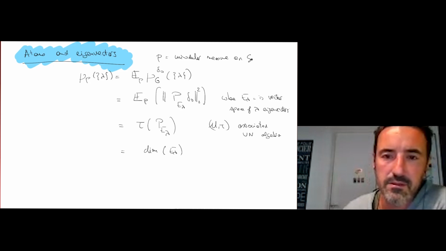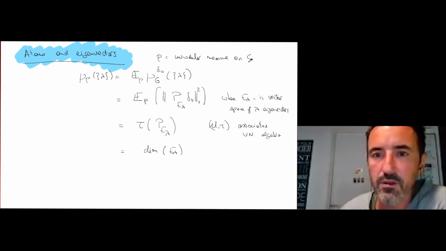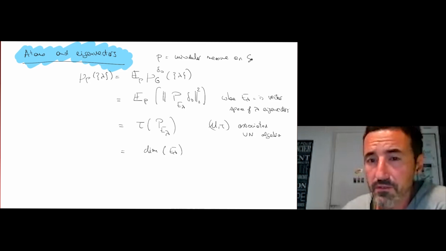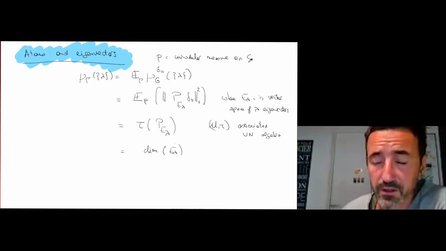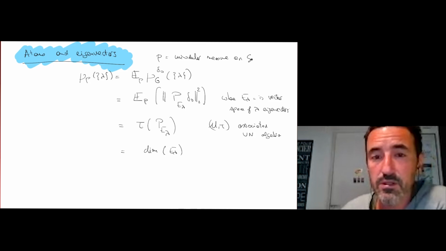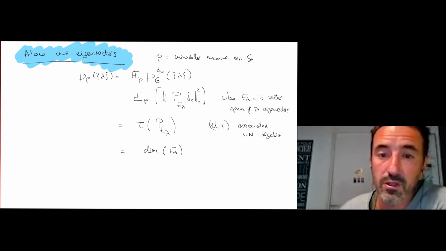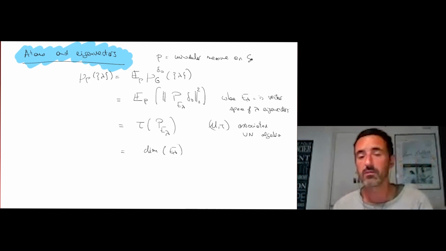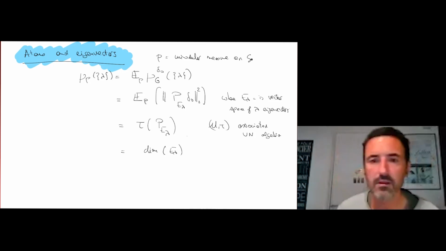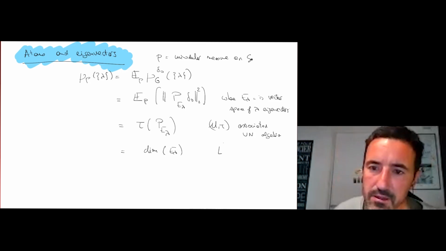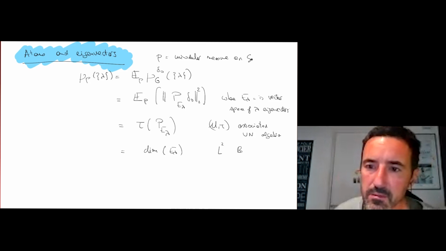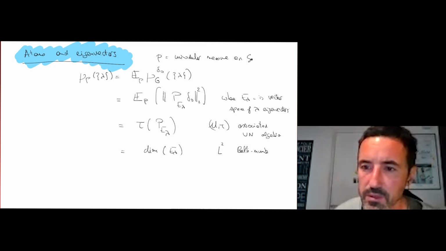By definition, this is the von Neumann dimension of this vector space E_lambda, as the von Neumann dimension of a closed vector space is just the trace of the orthogonal projection onto this space. Okay, and in another context, these elements are called L2 Betti numbers.